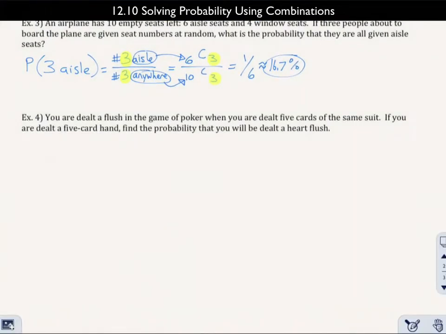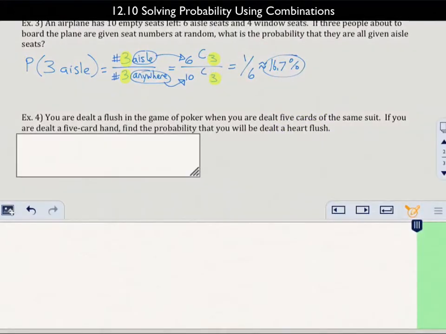In example 4, you're dealt a flush in the game of poker when you're dealt 5 cards of the same suit. So if you're dealt a 5-card hand, find the probability that you'll be dealt a heart flush. So that's what we're looking for right there. So we want the probability of a heart flush.